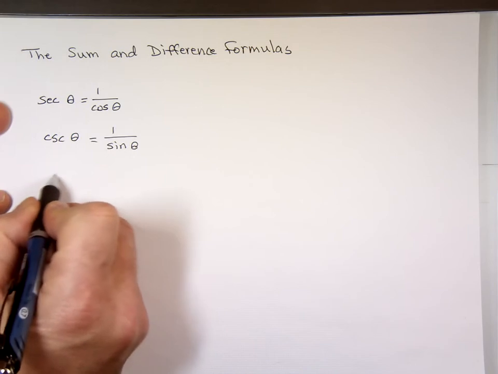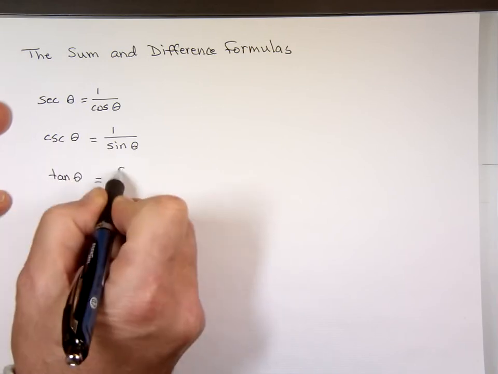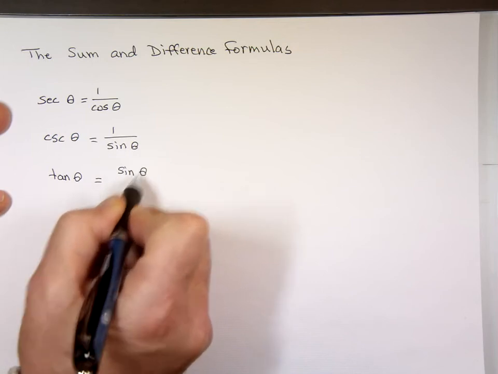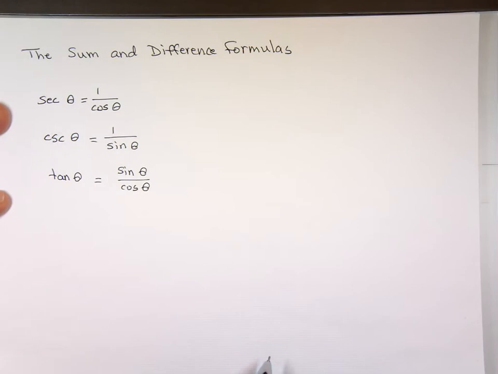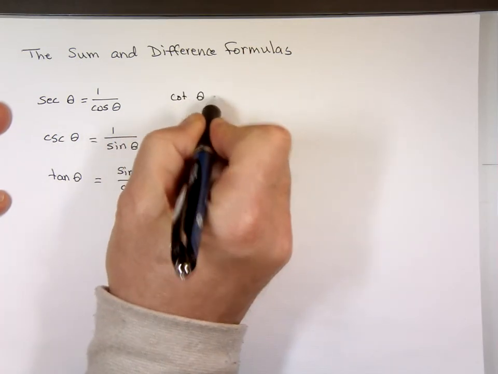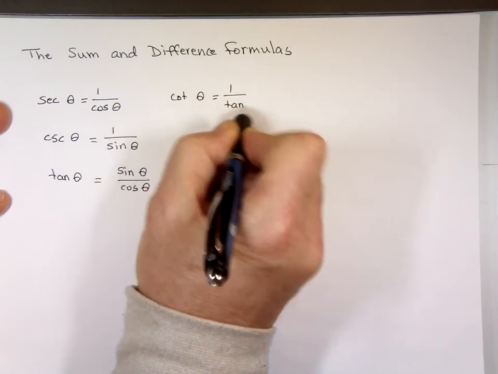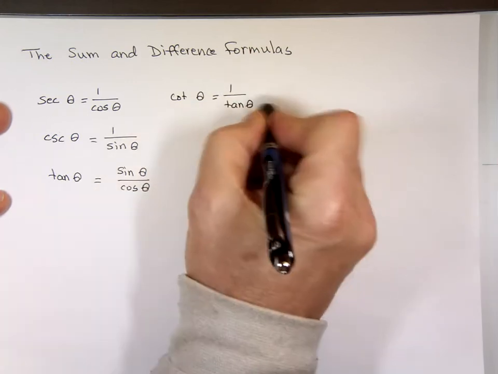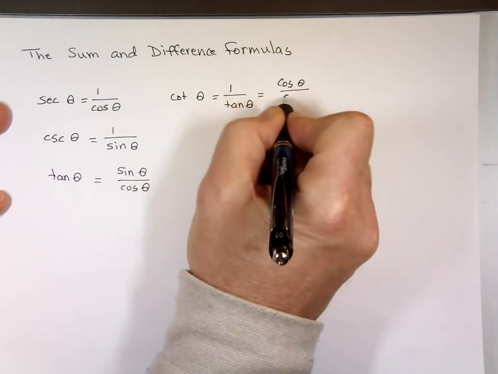Now, tangent theta is equal to what? Sine theta over cosine theta. We also said cotangent theta equals 1 over tangent theta, which means you take the tangent, you flip it over. That's cosine of theta over sine theta.